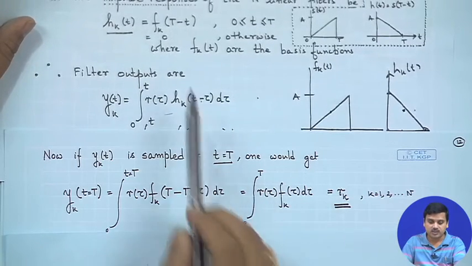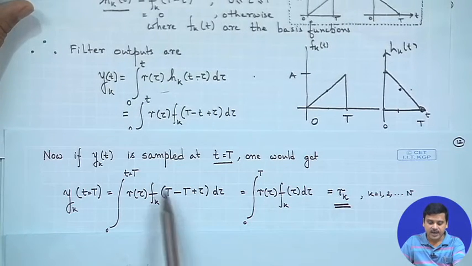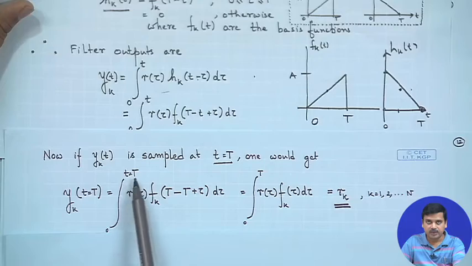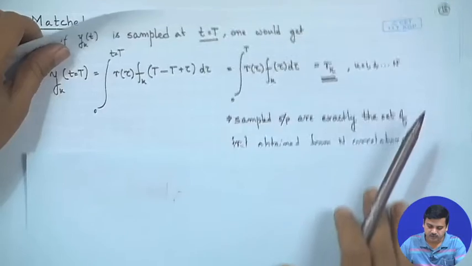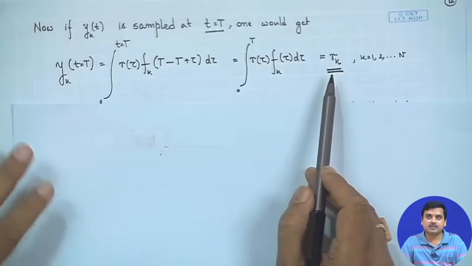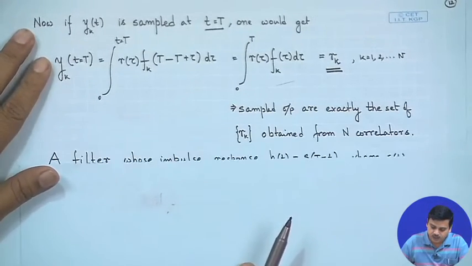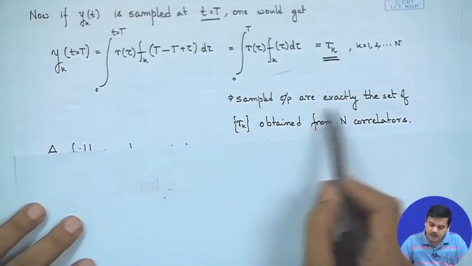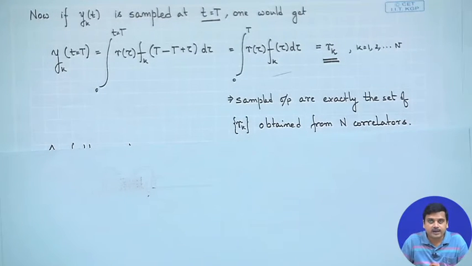So, you flip it once here, and again when you are doing the convolution operation, and you are sampling it at t equal to capital T. So, overall what you get as the output of the filter is the same as that of the correlator. When sampled, these are exactly the set of rk components obtained by the n correlators. So, what we end up with is again the decomposition of r of t, that means the received signal, into its k or n components.